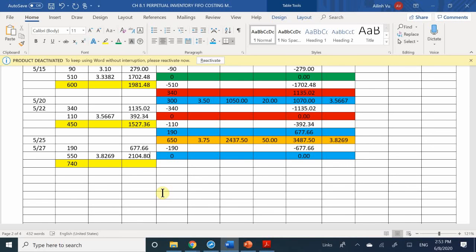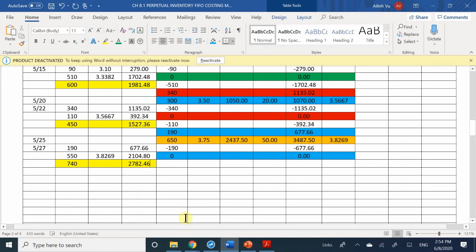And if you want to go ahead and calculate the 2,104.80, and we're going to add that to the 677.66. And what do we get? $2,782.46. Yes, that's what I got. Okay, so when we journalize it, this is how much we're going to journalize it for.